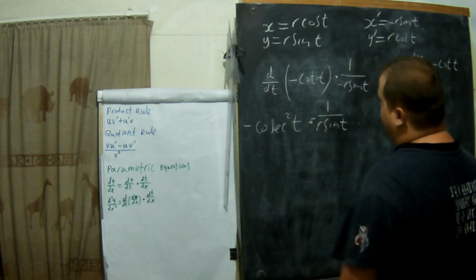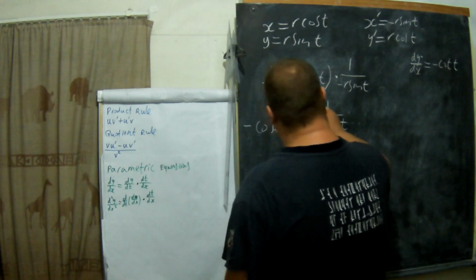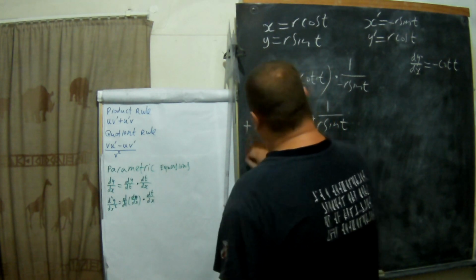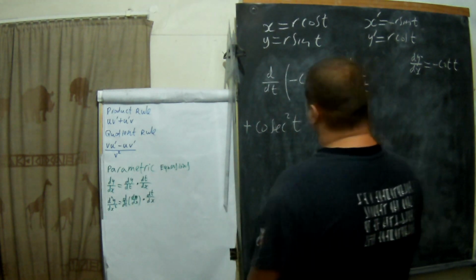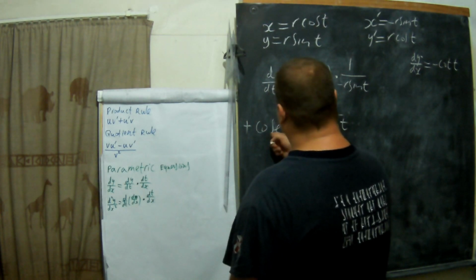Right, minus times a minus gives you a positive. So what we are left with is cosec, which is 1 over sine.